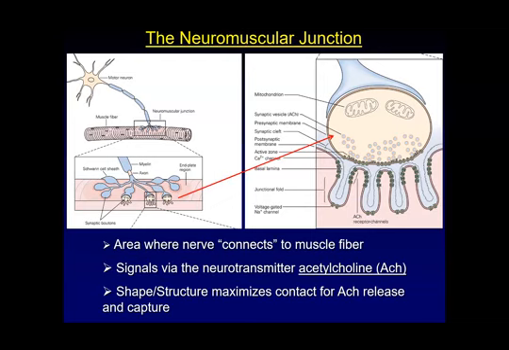Down here, these are going to be voltage-gated sodium channels, I believe. We maximize area so that when we release any acetylcholine, there's a great chance it's going to get bound up and transmit our signal. Again, structure, parts, function.